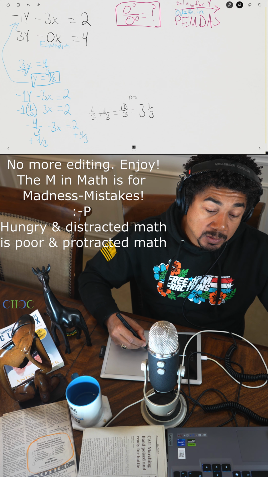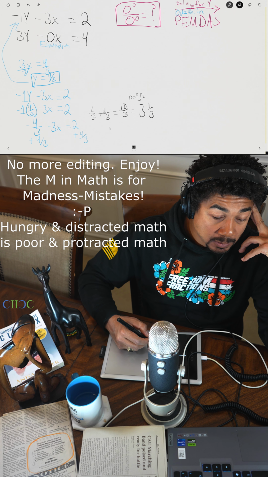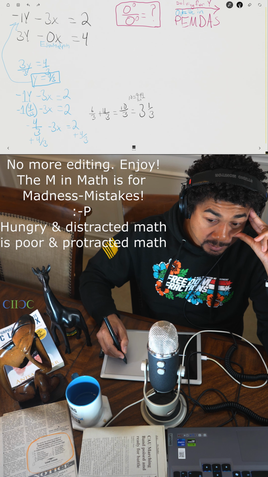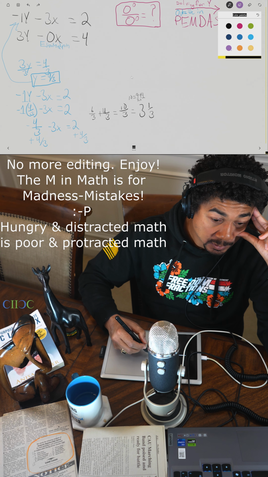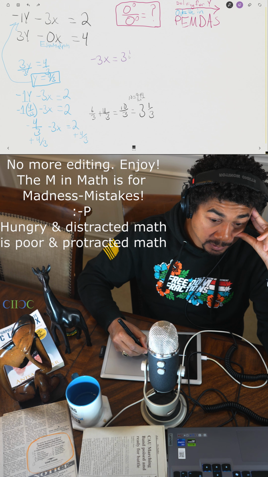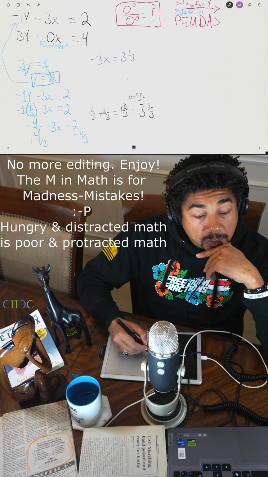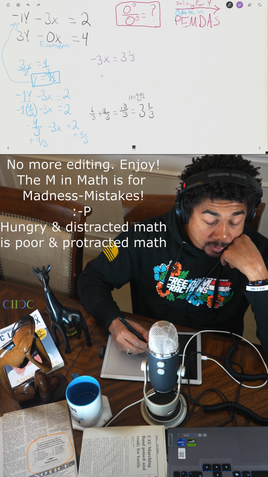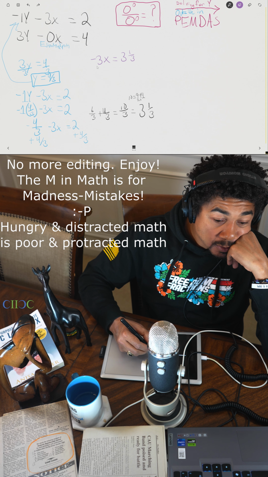So moving on. 3 1/3, negative 3x equals 3 1/3. So I think we know where this is going, other than to trifle in this.